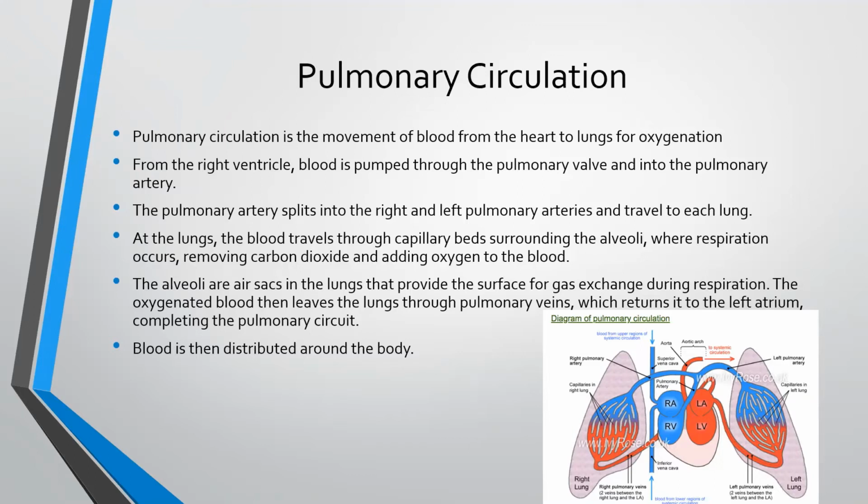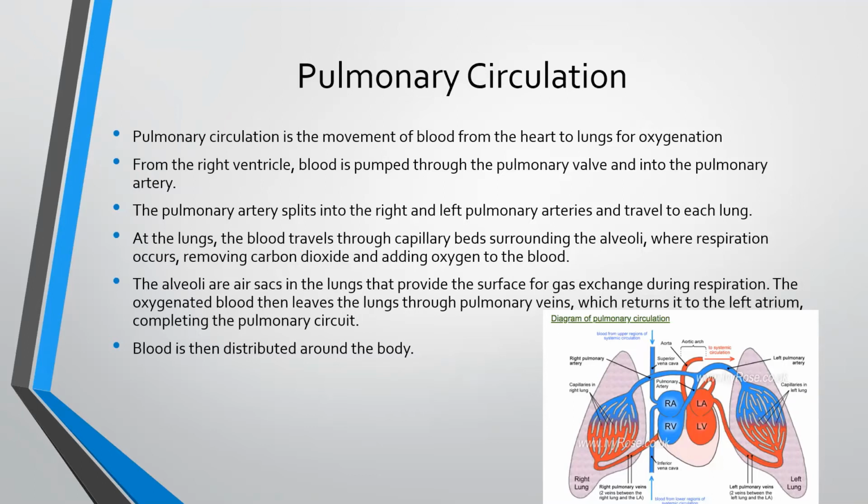At the lungs, the blood travels through the capillary beds surrounding the alveoli, where respiration occurs, and this is the place where carbon dioxide is removed from the blood and oxygen enters into the blood. The alveoli are air sacs in the lungs that provide the surface for gas exchange during respiration.